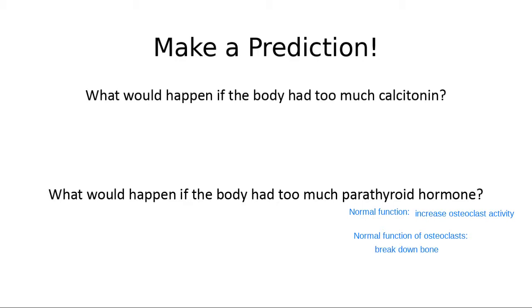When osteoclasts break down bone, what happens to calcium? Yeah, they're doing resorption. Absolutely. Let's add that word. When I do resorption, what happens to my blood calcium level? If I do bone resorption and I break down bone tissue, what's happening to my blood calcium level? Yep, blood calcium goes up.